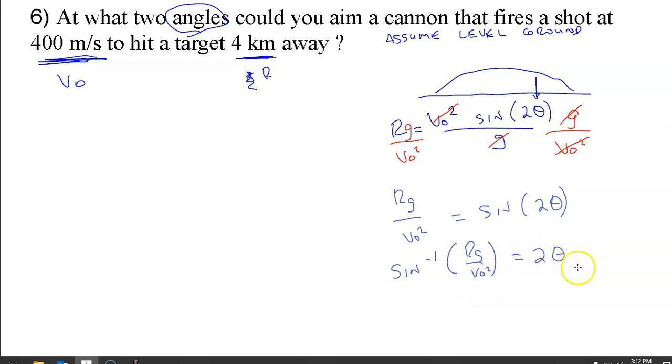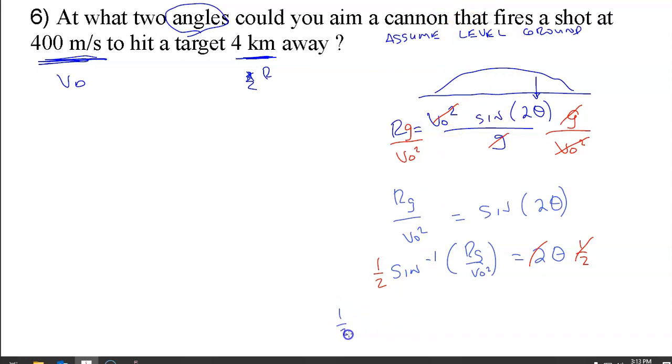So I'll divide by 2, or even better, let's multiply both sides by 1/2. That'll make it a little prettier on the left-hand side. And on the right, I just have that theta. Everything else canceled out. We're ready to put some numbers in this thing.